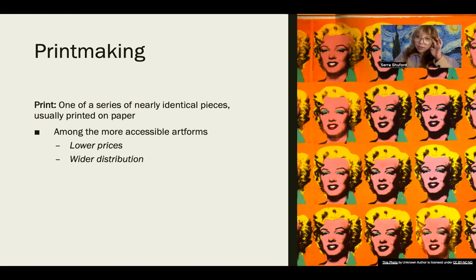Over here, I've got the Marilyn Monroe print by Andy Warhol. This is obviously the product of one image over and over again. And so it's easier for production, for more quantity of equal quality, I would say. But it's not like a painting or a drawing where there's only one of them that exists.